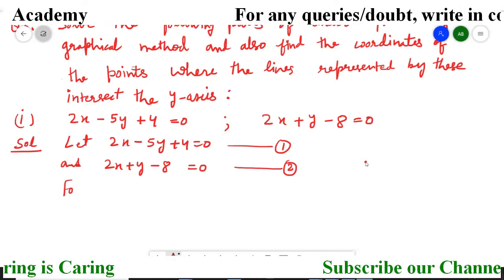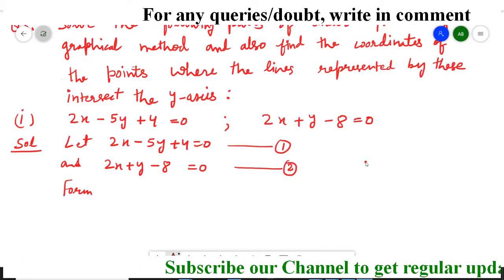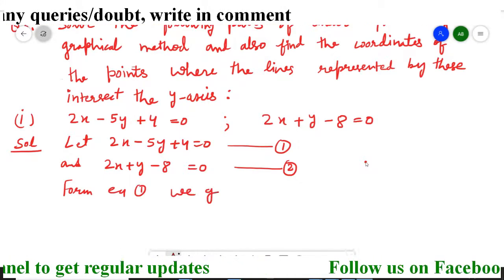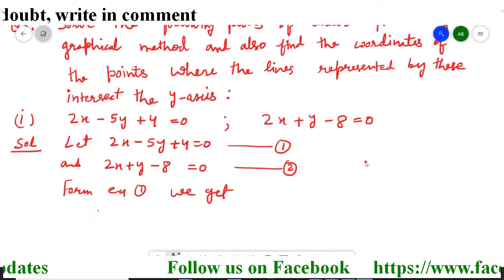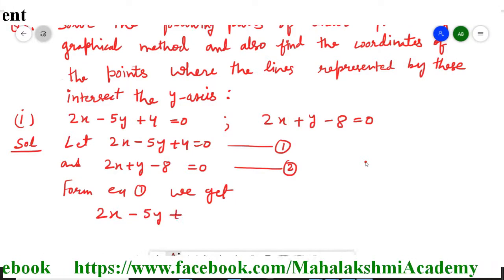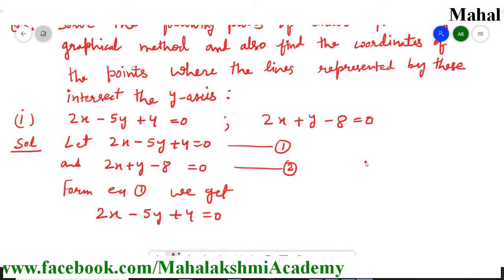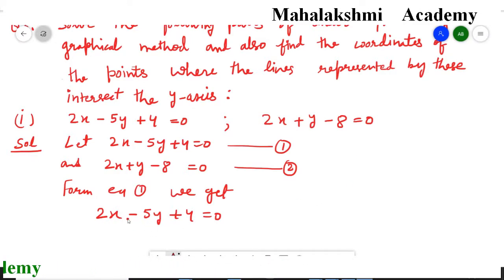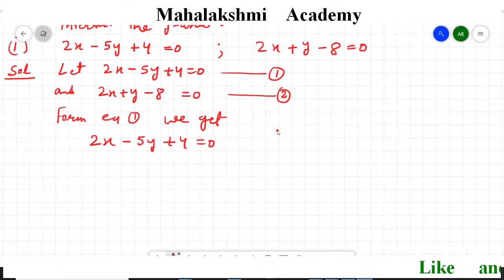Now we'll solve from equation 1. Equation 1 is 2x minus 5y plus 4 equal to 0. Now from here we will try to keep any one variable on one side and shift the other terms to the right hand side.